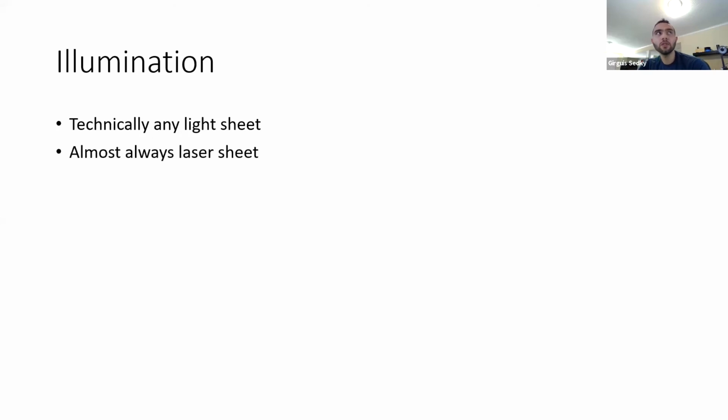Illumination, which is again a very important aspect of PIV. You can technically use any light sheet you want. You can use an LED, you can use a light bulb, but we always use lasers because they're a lot more easily controllable.